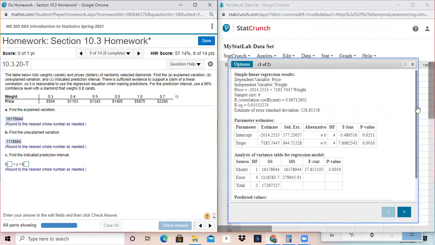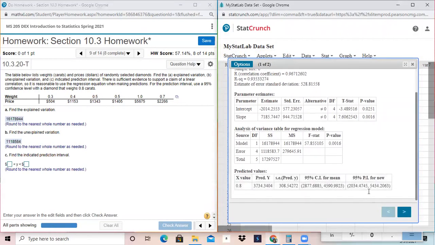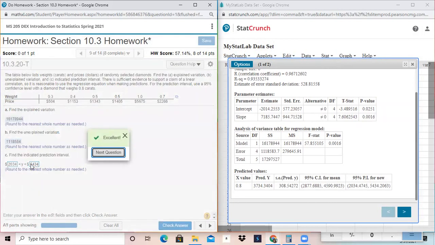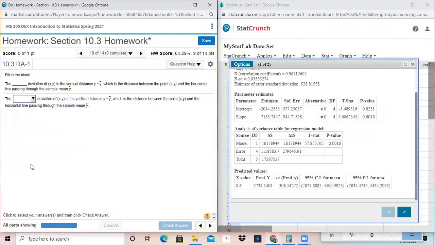And our prediction interval is going to be listed right down here under PI. So nearest whole number, 2034 to 5434. And that's where you find them in StatCrunch.